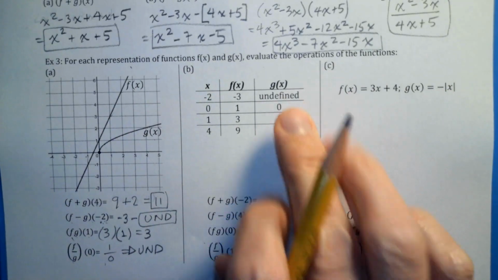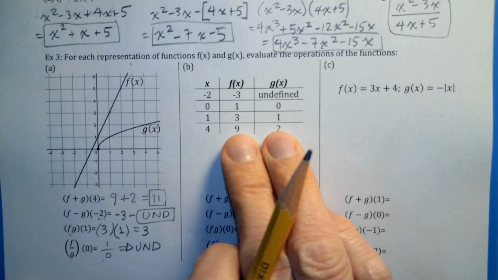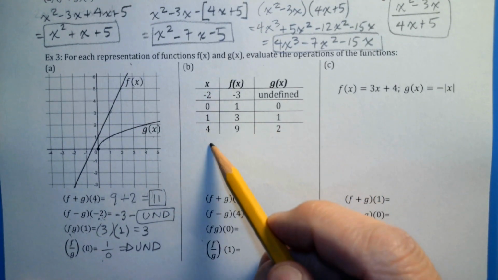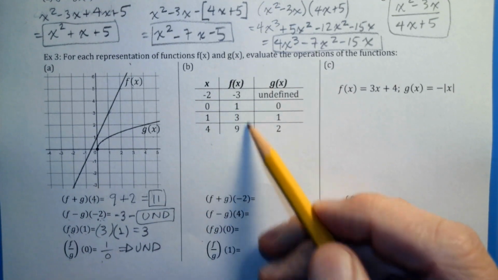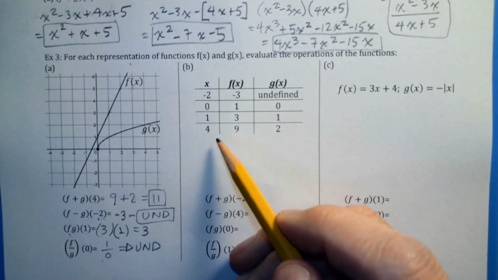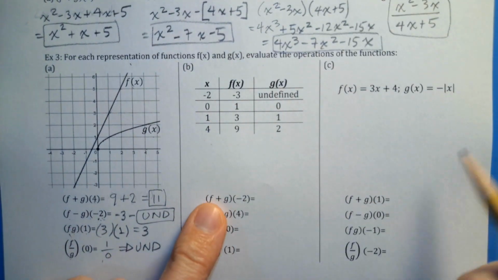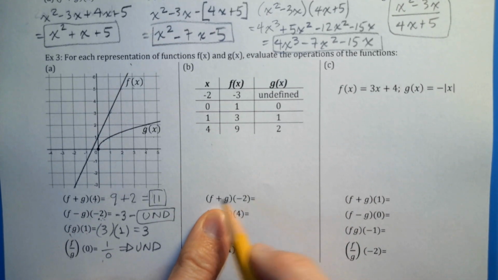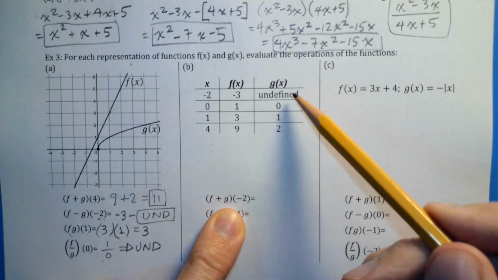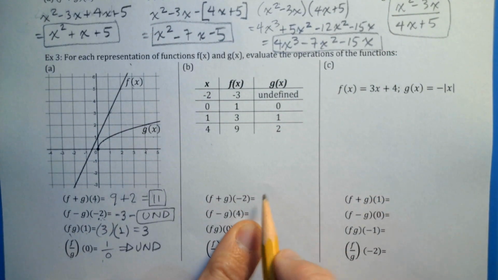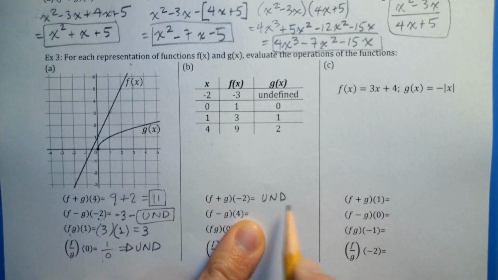We can also give you the information on part B here in a table. So for a particular x value, they give us the y values, essentially the f of x and the g of x for a particular x value. All right, so again, this is going to be f of -2 plus g of -2. You can see g of -2 is undefined, so this is undefined.